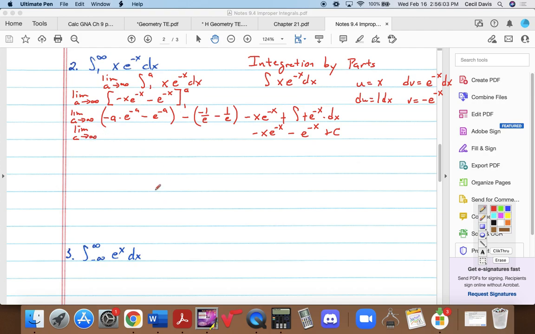Let's see if I can make it a little nicer. e to the negative a is 1 over e to the a, right? So let's put e to the a on the bottom, and it's on the bottom for both of them. And this would be negative a minus 1, and this will be plus 2 over e.